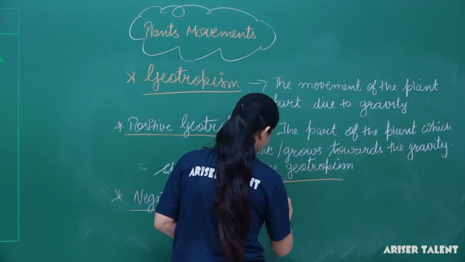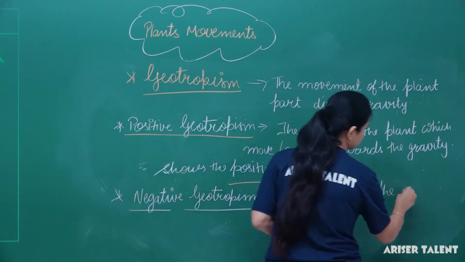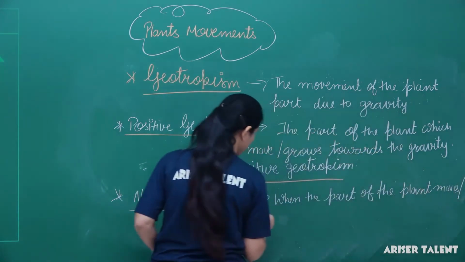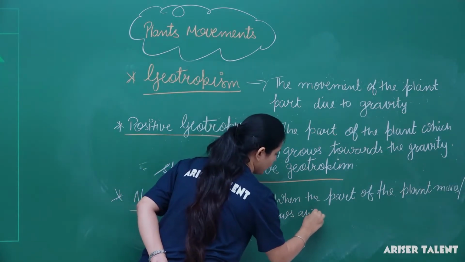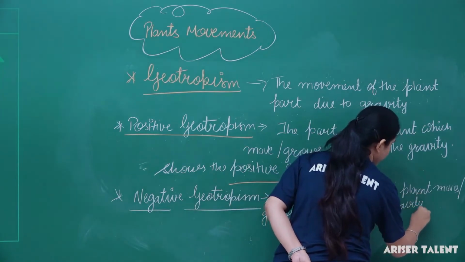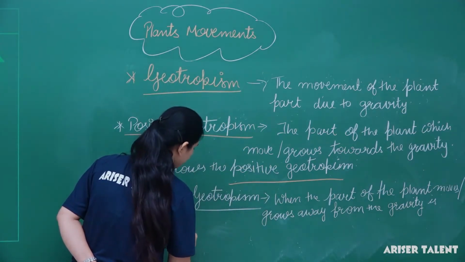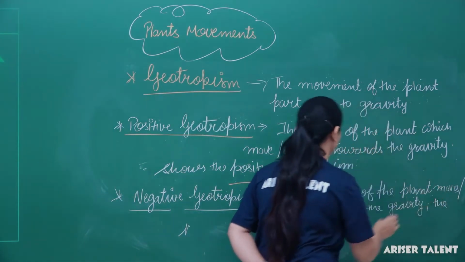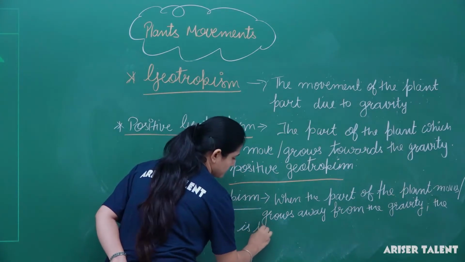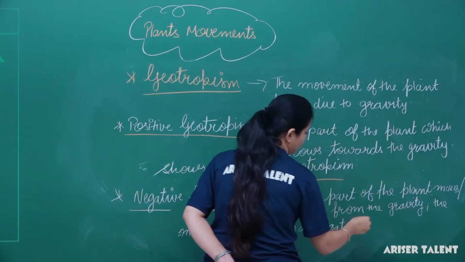When the part of the plant moves or grows away from the gravity, the movement is known as negative geotropism.